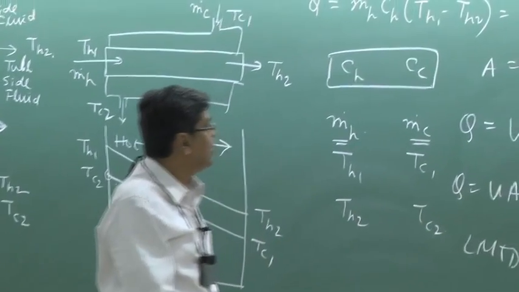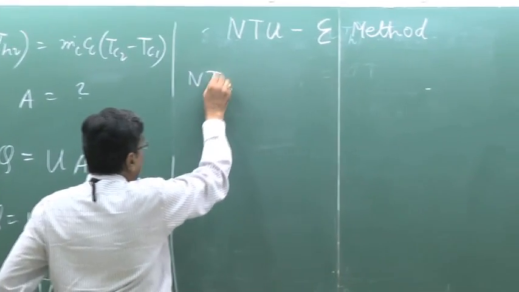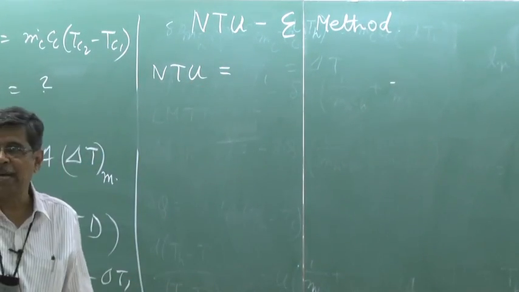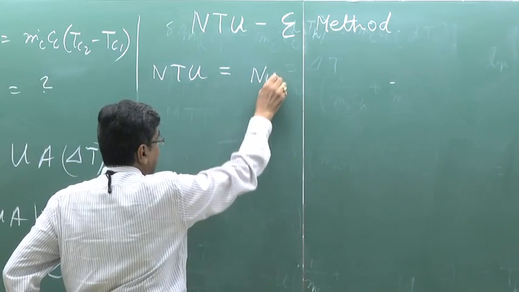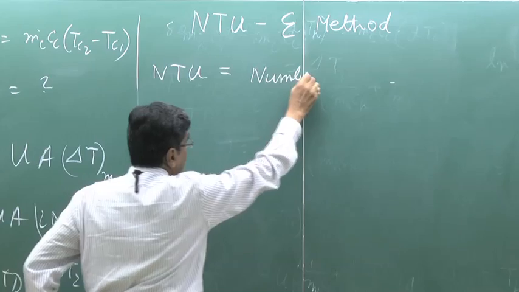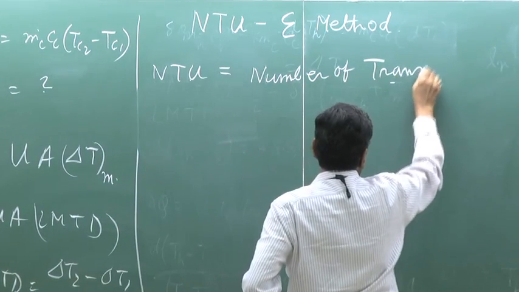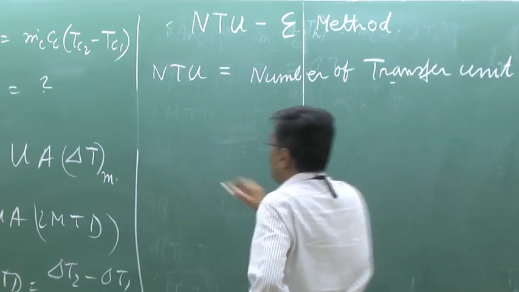Now the NTU epsilon method. Now what is NTU? I will tell you afterwards when the course of deduction comes, but now you know the meaning of NTU. It is an abbreviation, number of transfer units.